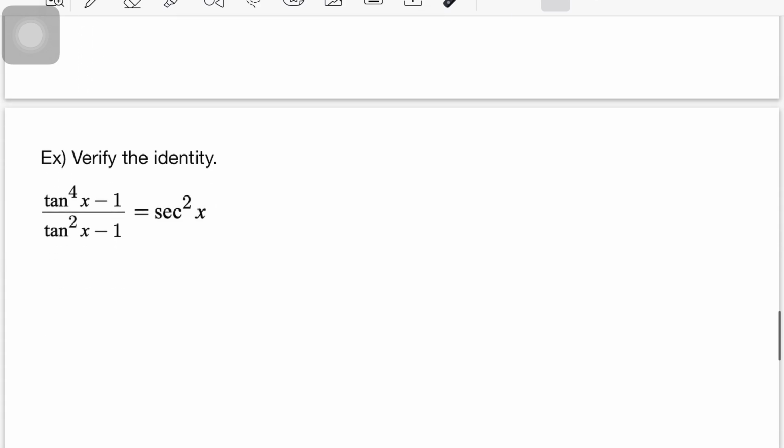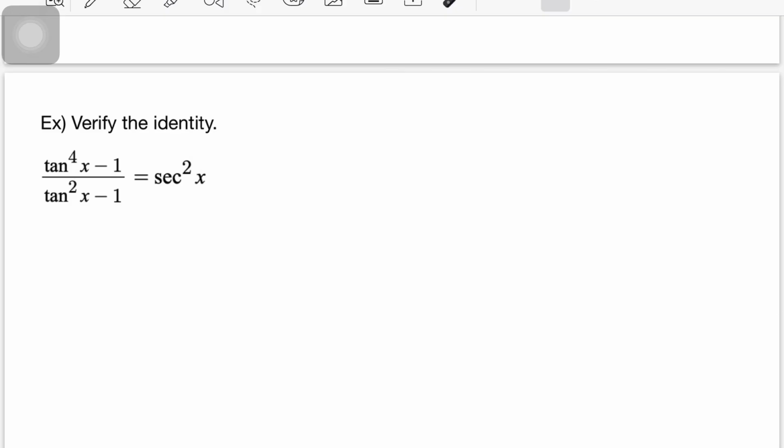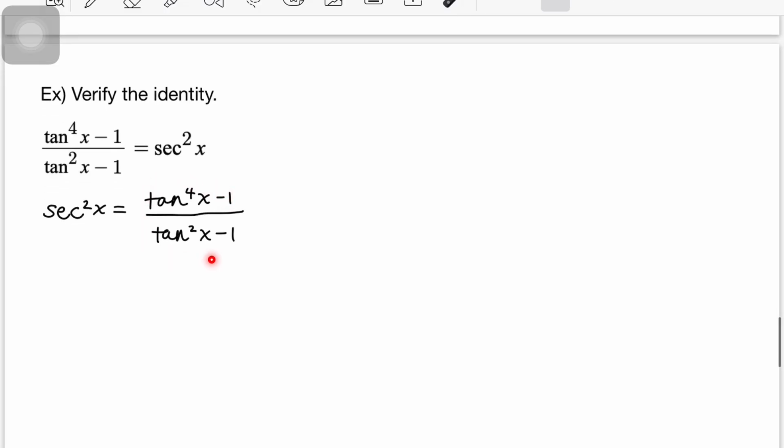So, for this example here, obviously the more complicated side is this one. So I'm just going to rewrite this, just so it's clear what side we're working on when we're simplifying. So what we want to do is rewrite this in a simpler way.